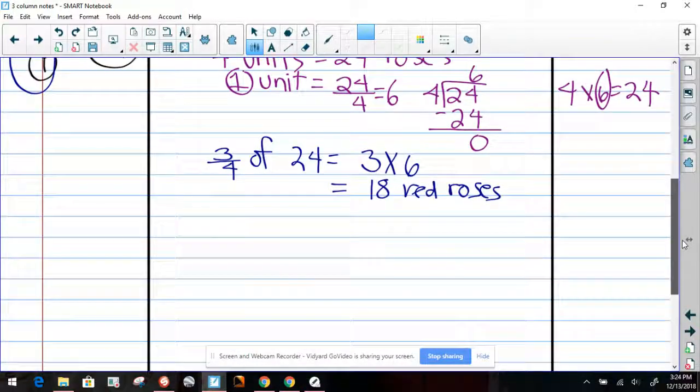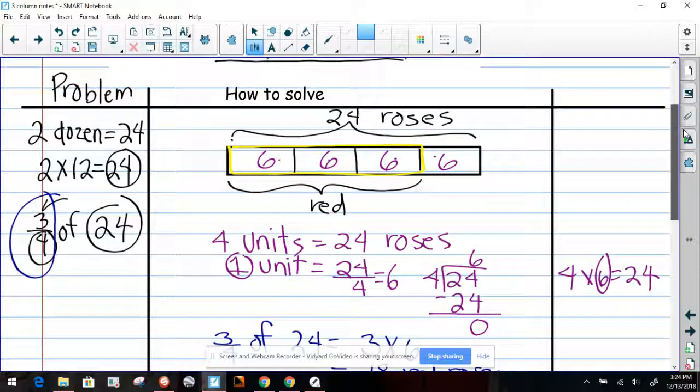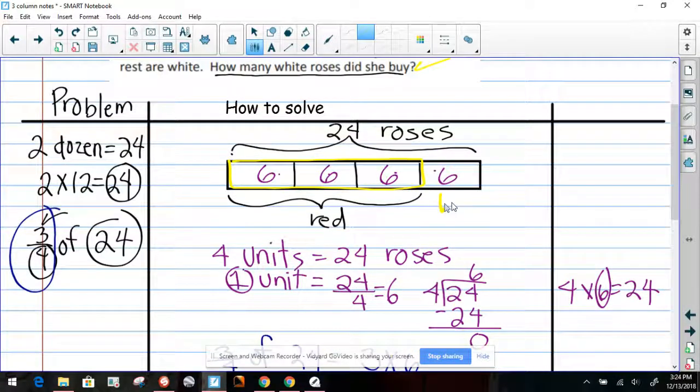Well, if you look at the tape diagram again, these are the white roses. So now we can answer the question. She bought 6 white roses.